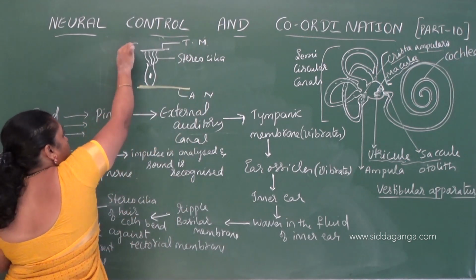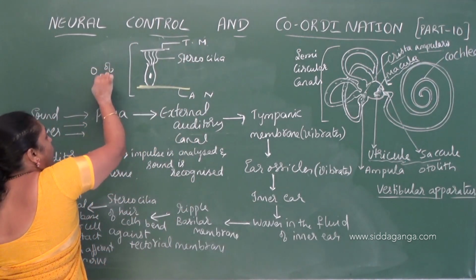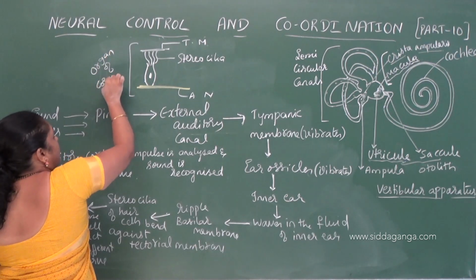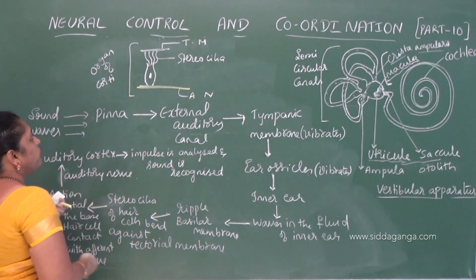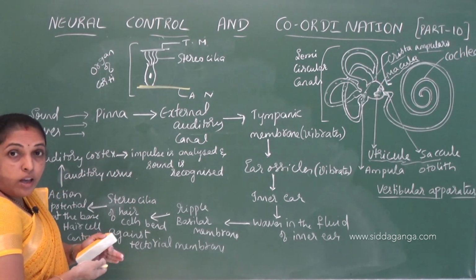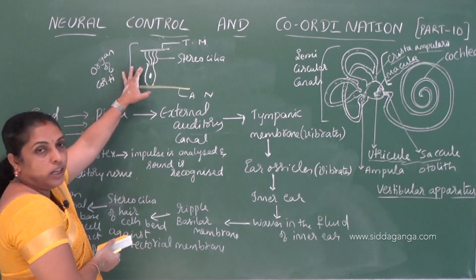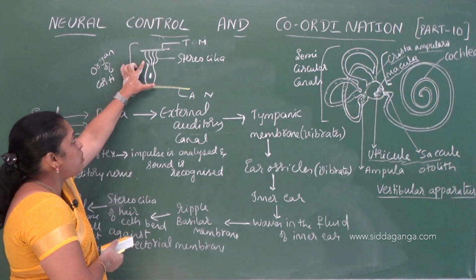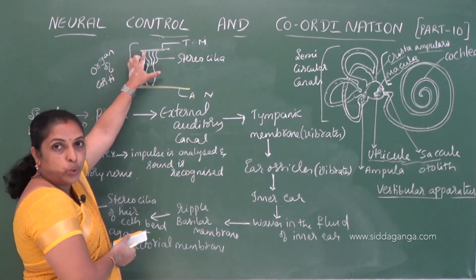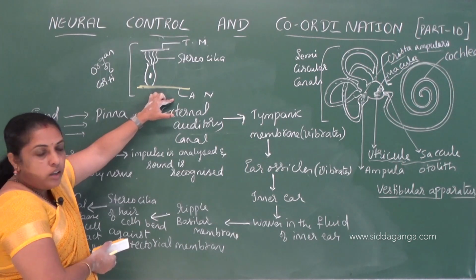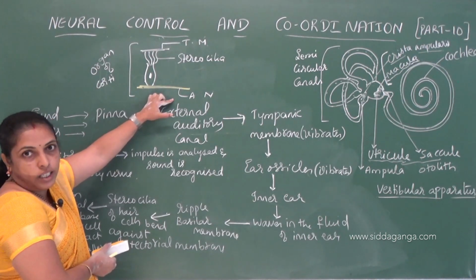This all constitutes the organ of Corti. Understood? Organ of Corti lies on the basilar membrane having hair cells. The apical part contains hair-like structures called stereocilia, which are in contact with the tectorial membrane, and the basal part is in contact with the afferent or sensory nerve.